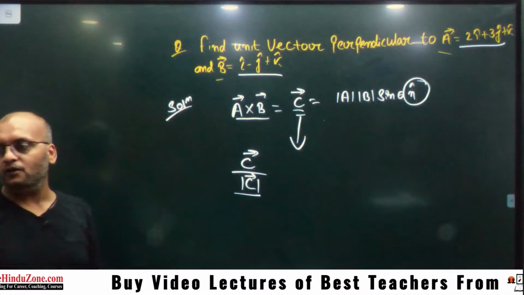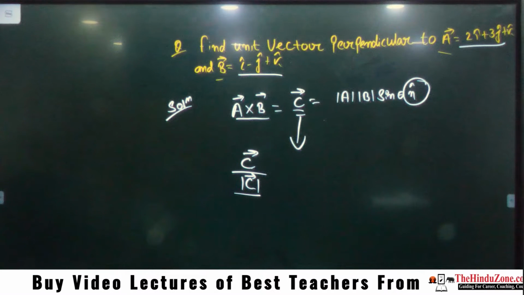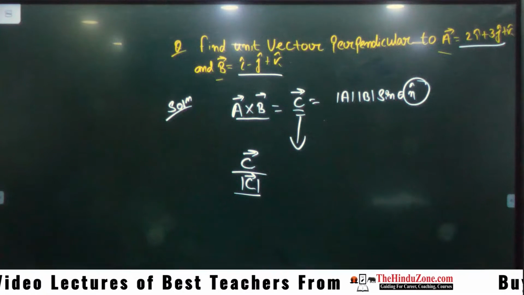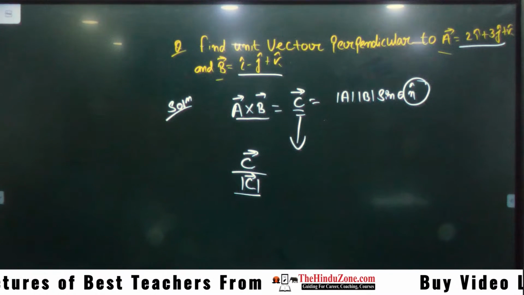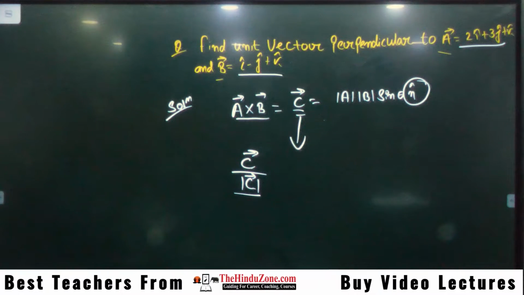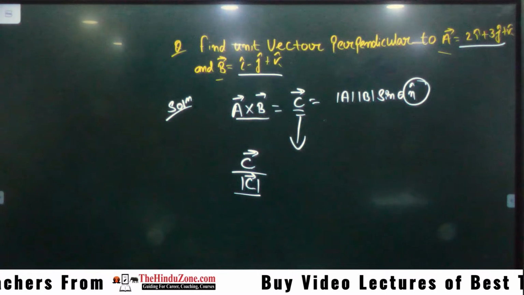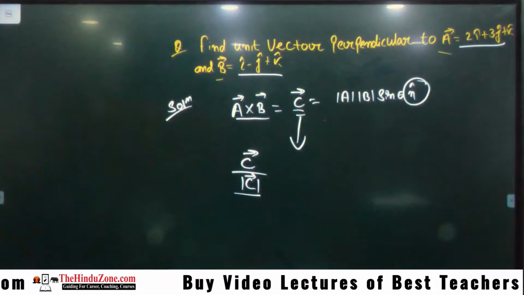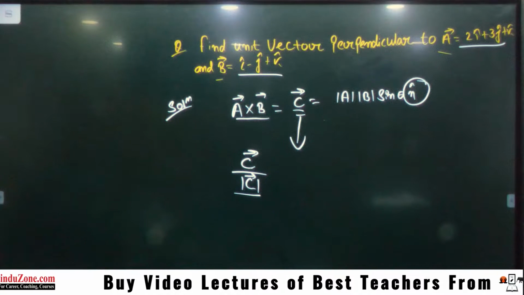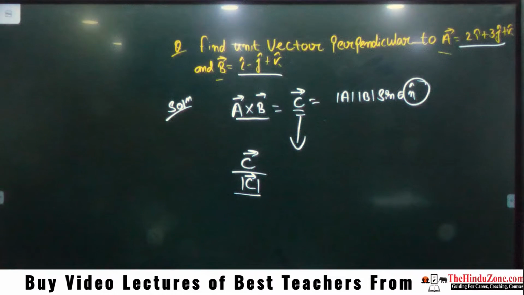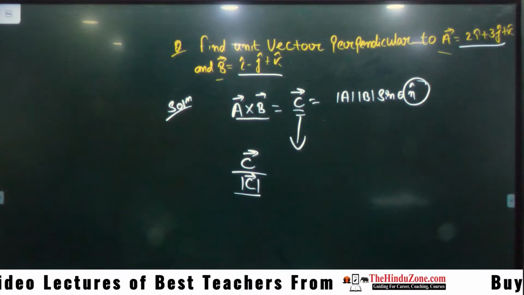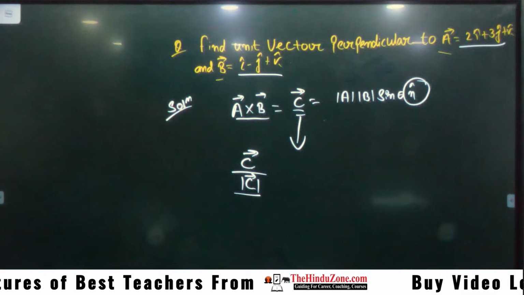Do it, you all also. Done. Sir, my answer is coming out different, so how should I write it? 3 minus 1 minus 2 2. Okay. 2 minus 1, 2 minus 1 minus j cap.